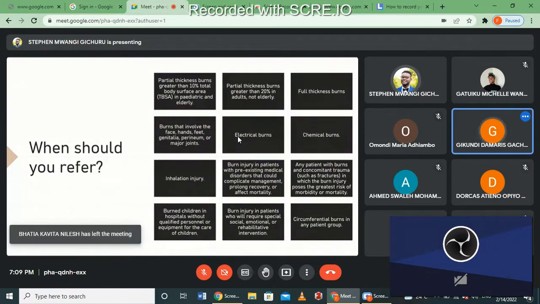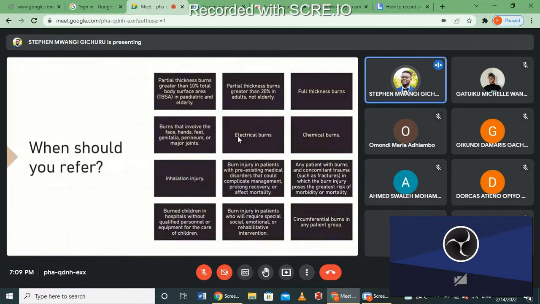Not sure. Okay. You tend to find them with full thickness burns because of eschar formation. Eschars tend to constrict and prevent movement around those particular body parts, so because of that you tend to refer. You have different compartment syndromes: those for the upper limbs, those for the lower limb.